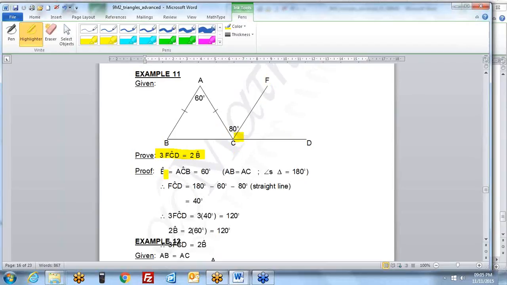So let's see. So prove angle B equals angle ACB, which is 60 degrees, because AB equals AC. And also angles of a triangle equals 180 degrees.